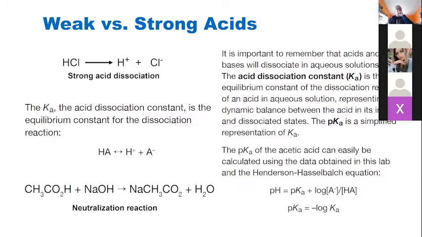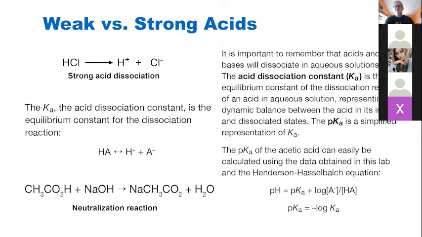Okay, I figured it was good to go over it because there is a fairly profound difference between weak and strong acids. Can anyone tell me what the basic difference is between a weak acid and a strong acid? There's one big difference. What is it? Weak acids have a higher pKa. Okay, that's right.